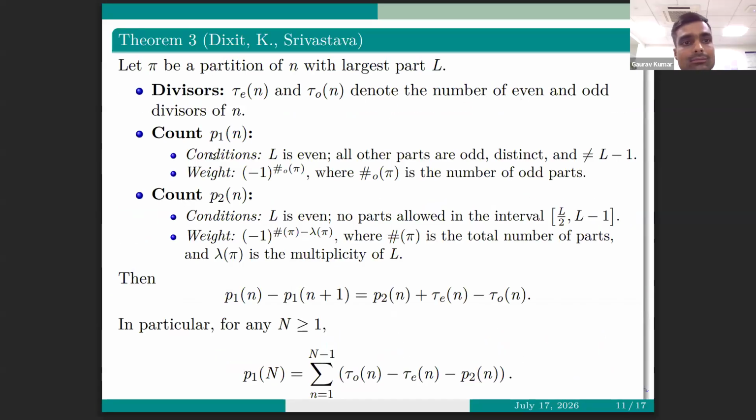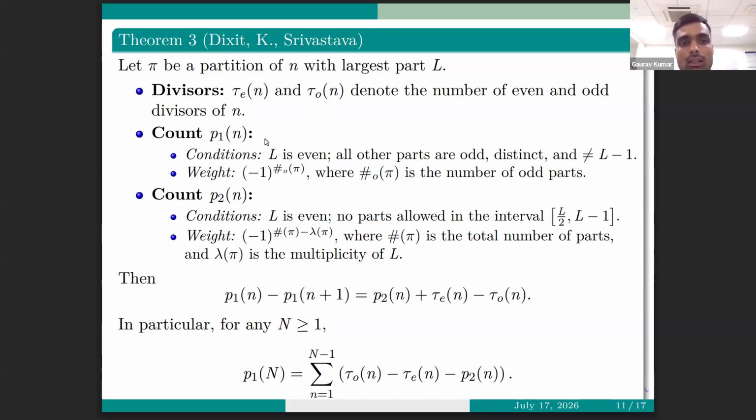One other corollary we got out of our main theorem is this particular result at the bottom. In order to interpret this, let pi be a partition of n, where L is the largest part. We define tau sub e of n and tau sub o of n as the number of even and odd divisors of n.